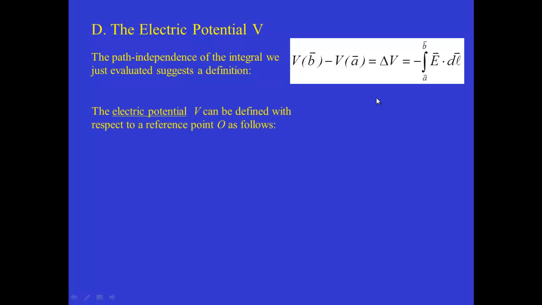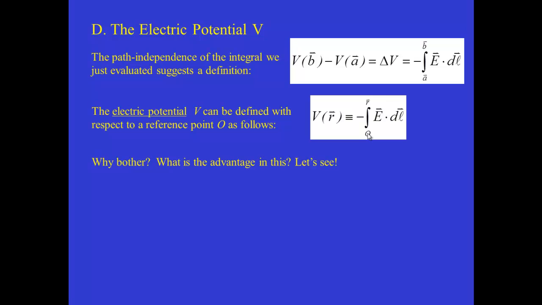So the electric potential itself can be defined with respect to a reference point in the following way. If O is some convenient reference point that we can choose in whatever way might seem helpful in a particular problem, then we simply integrate from that reference point to the final position R, negative E dot dl, and the value that we get is considered to be the electric potential at that point.